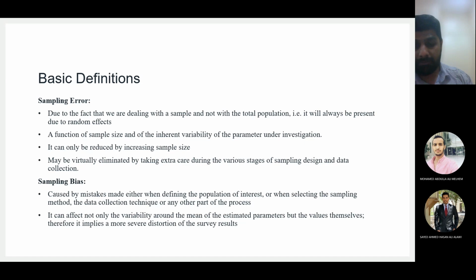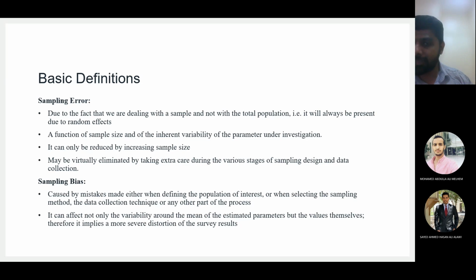So either you did not define the population properly, you missed something in defining the population, like I just mentioned, or you did not take the sample correctly. So your sampling method was not correct. Maybe you were selecting the samples on the basis of your interest, on the basis of your convenience. I can go to this area conveniently, it is near my house, let me collect the sample from there.